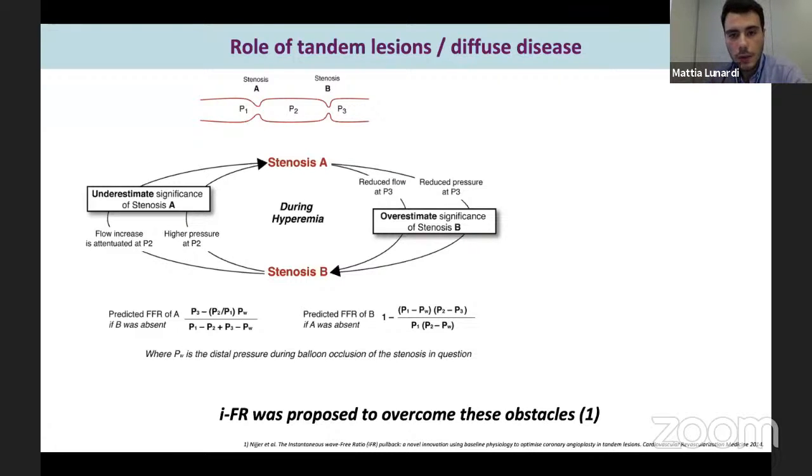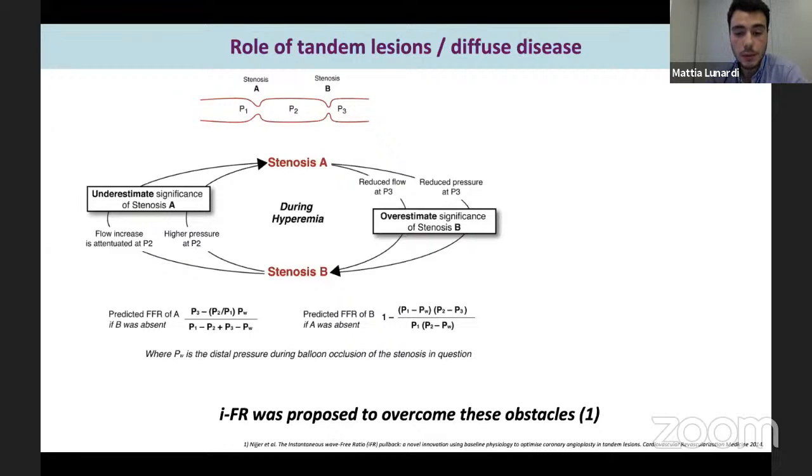There is a way to measure the FFR for tandem lesions, taking into account the interaction between the two stenoses, but it needs a wedge pressure that is measured with a balloon inflation between the two stenoses. It is not really practical. So iFR in these cases can overcome these obstacles and offer a better and easier way to measure the functional significance of tandem stenosis.